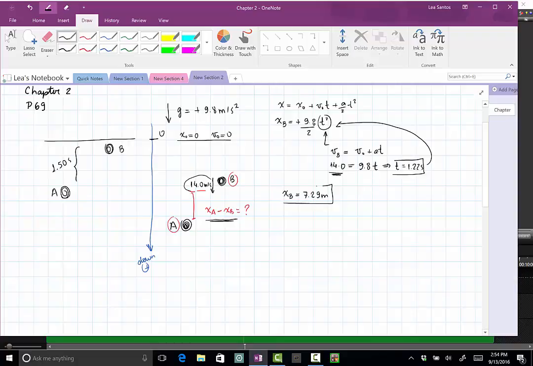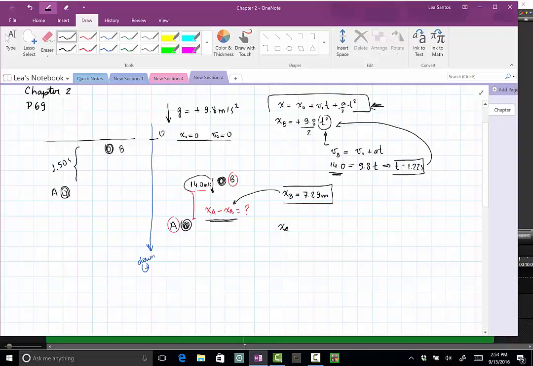Good, so I'm done with one part of my question. Now I need to find the position of A. What is the position of ball A when ball B has already reached 14 meters per second? I know that ball A started its motion much earlier, 1.50 seconds before ball B. So I'm going to use again this equation for finding positions.